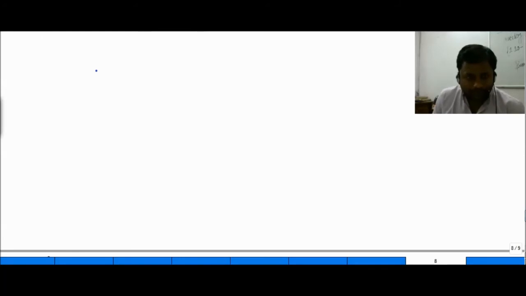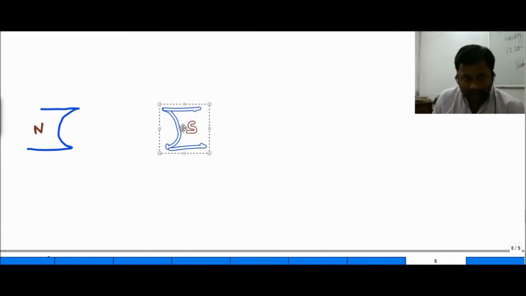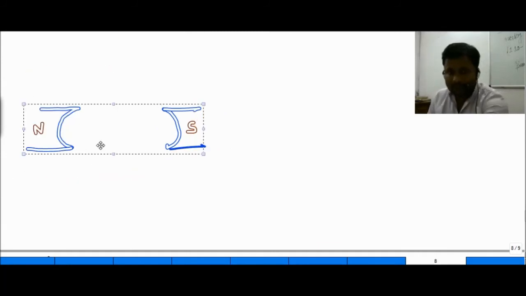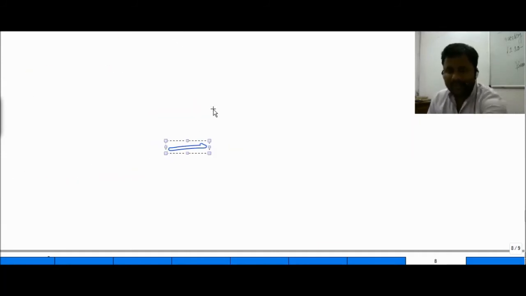Let us suppose this is the coil. North, this is south, this is north, this is south. Let's just take it on the other side. Take a bigger one to make it clearer.